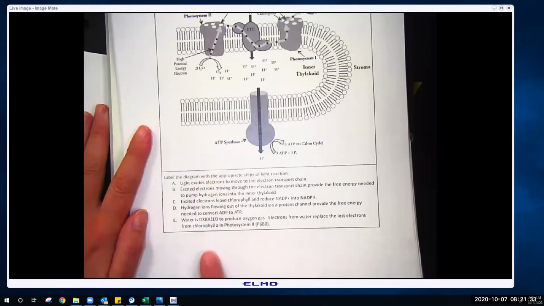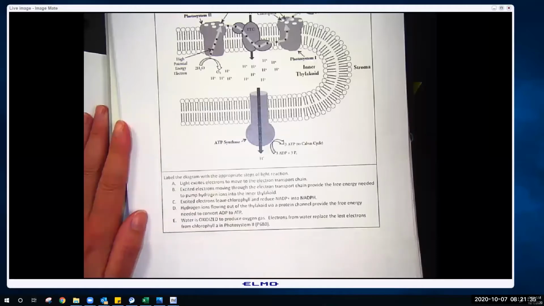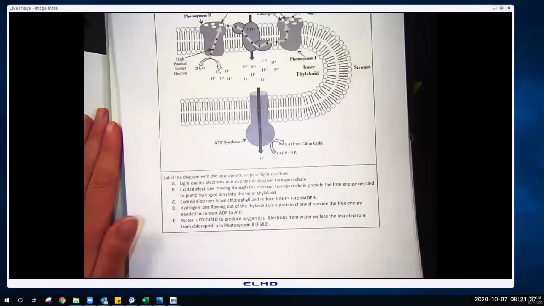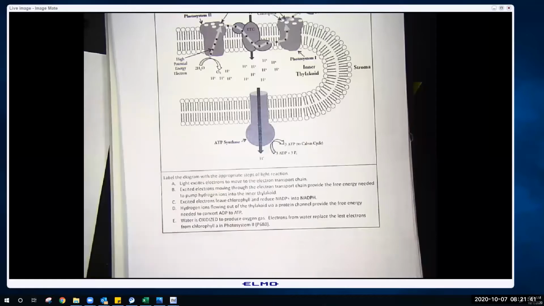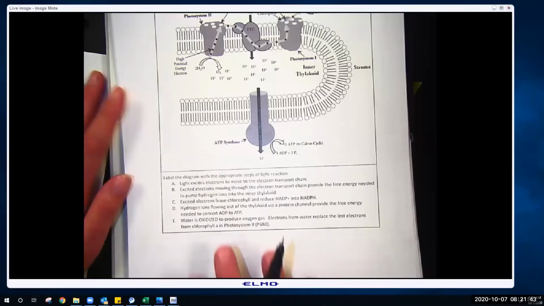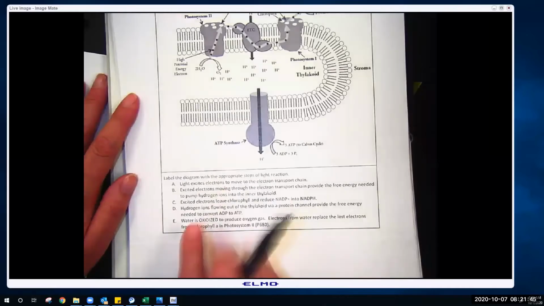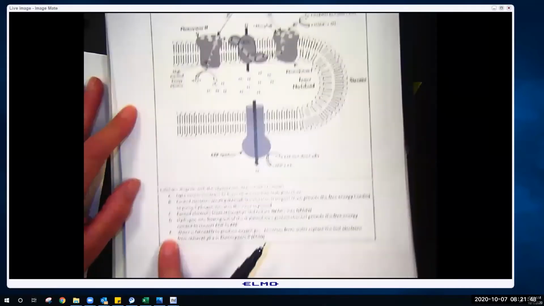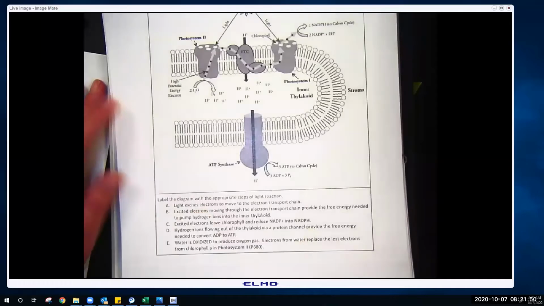I'm going to use a lot of words. And as I go through that, it's hard to write everything in your notes and pay attention to what I'm thinking about and understand the process. So instead, as I go through this, you can label this diagram when I talk about each of these processes. So you can just label those instead of writing everything on the diagram that happens.